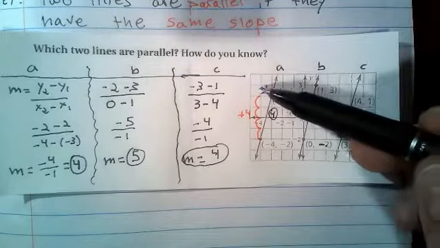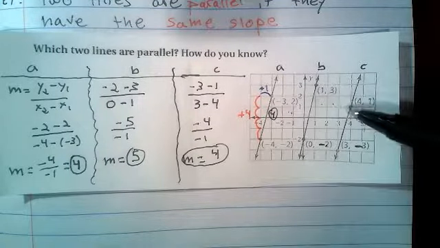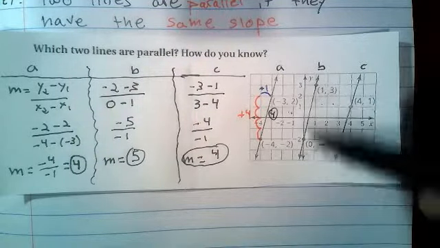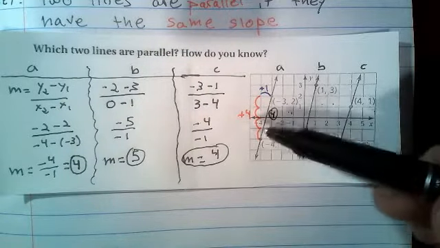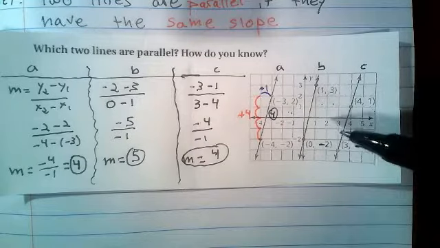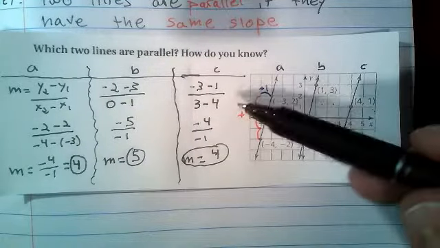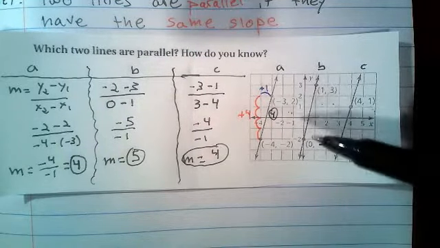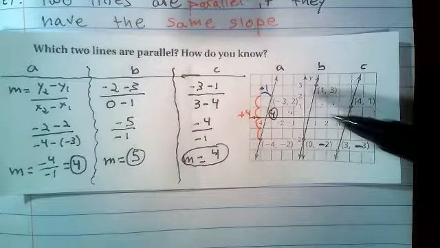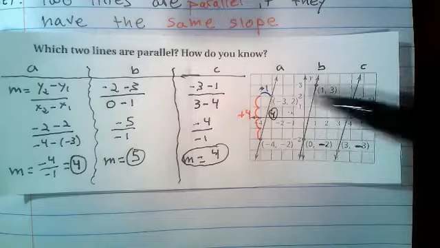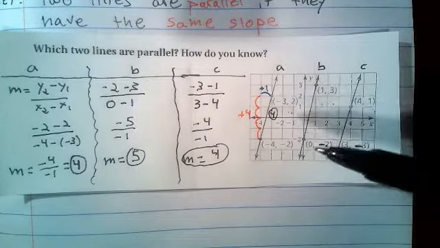If he goes to the right 1, he's going to go to the right 1. And if they have these same movements every time, they're never going to meet each other. If this one goes up, say, 3, and this one goes up 5, and this one goes across 7, and this one goes across 2, eventually they're going to meet, because they're not walking the same direction each time. So that's how I think of parallel slopes.